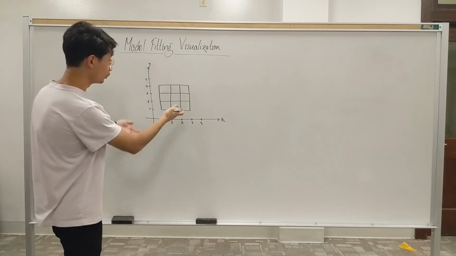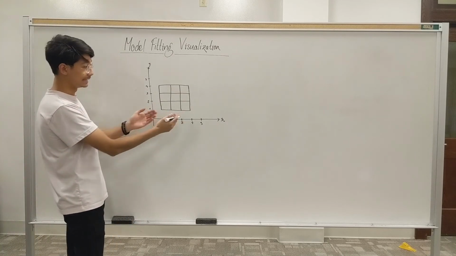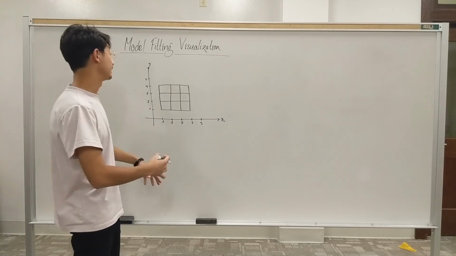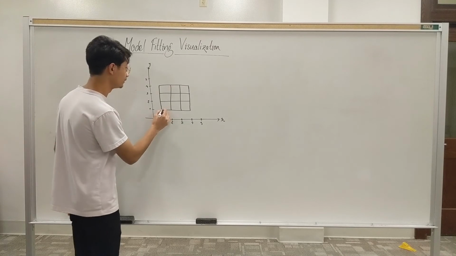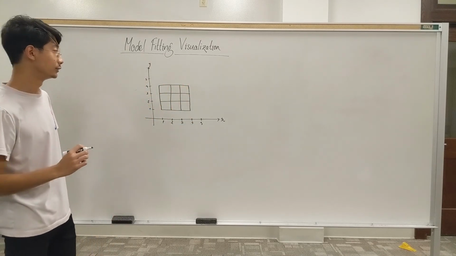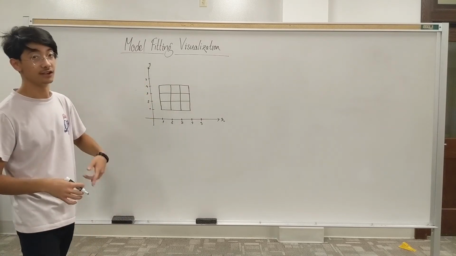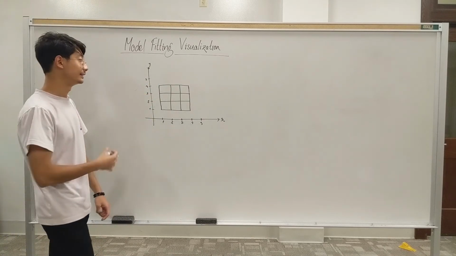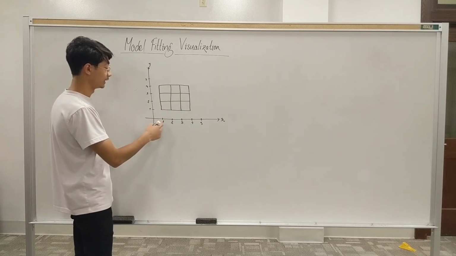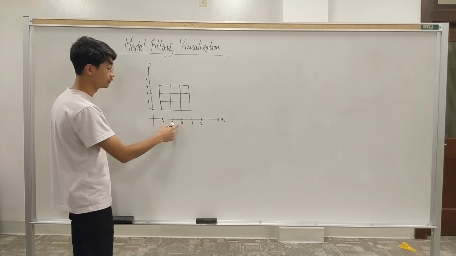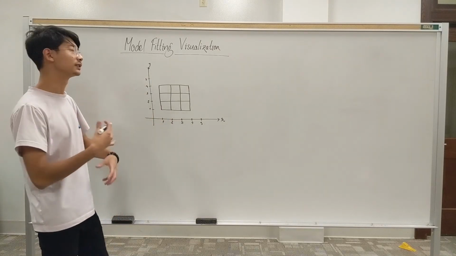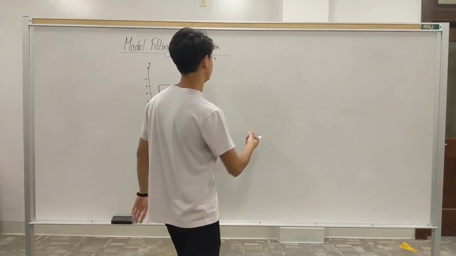In order to get a grid like this, one way to do it would be making a table of values for each of the coordinates of the intersections in this grid. So right now I drew these lines arbitrarily, but this can be done by selecting very specific points. For example, I could choose only 1, 2, 3, and 4 on the x-axis as well as the y-axis. So let's go ahead and make a table of what that looks like.